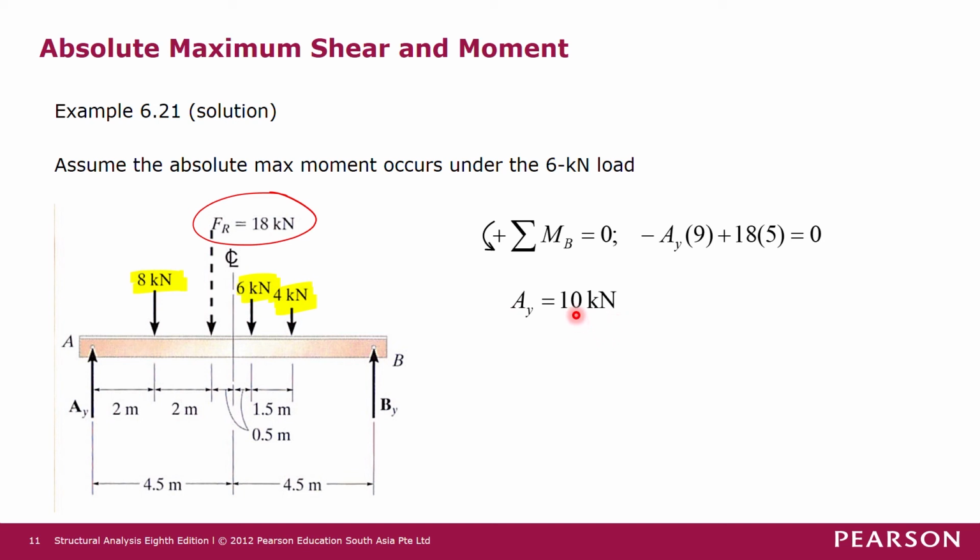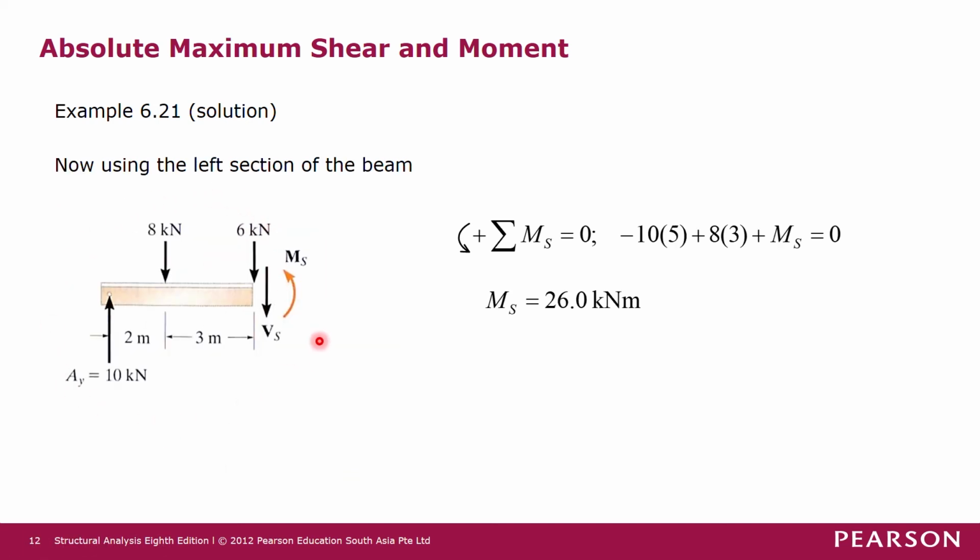So in this case we assume that the absolute maximum moment occurs under the 6 kilonewton load. So we assume that the maximum moment will occur here. For that we just cut across this section and isolate this part of the beam as a free body diagram, and we are getting this diagram here.